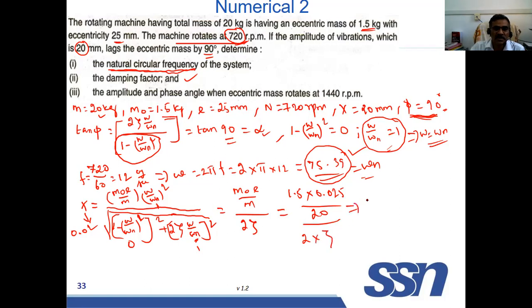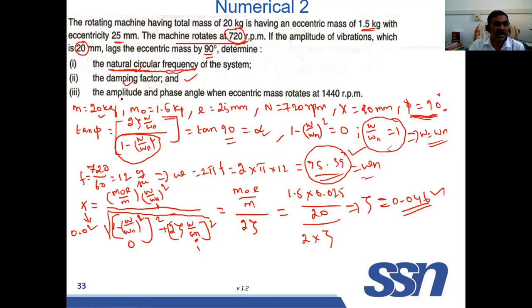So from this, you can find the value of psi in this problem. Psi is equal to 0.046. So you have calculated the natural frequency and damping factor.